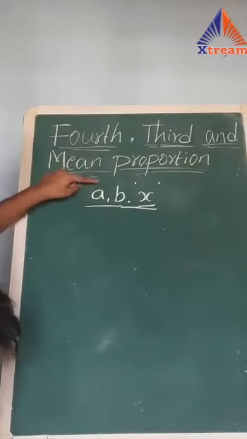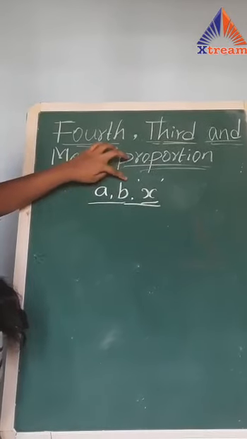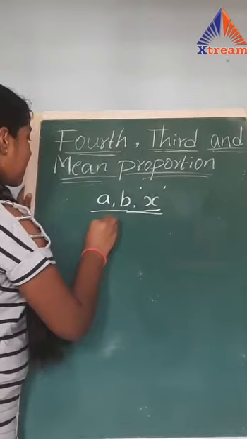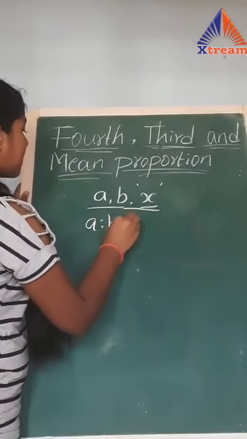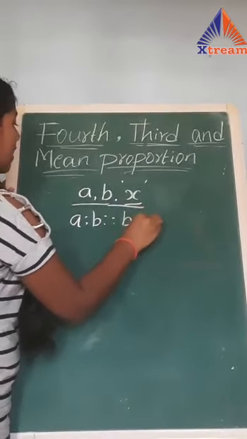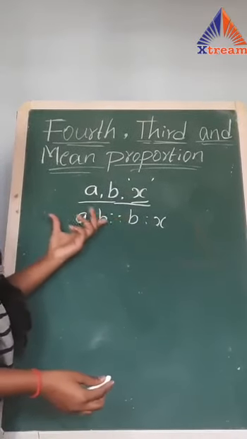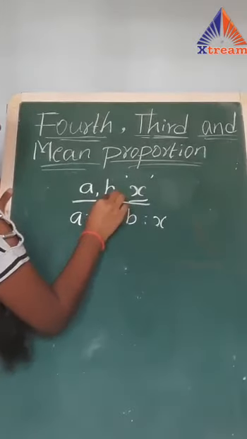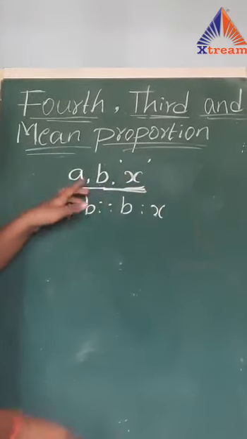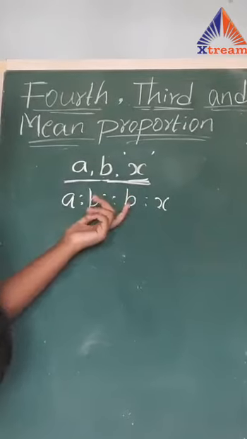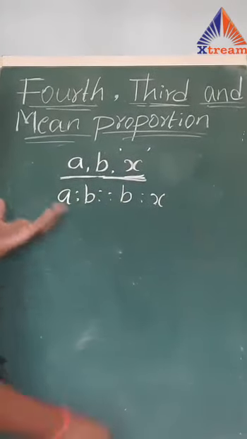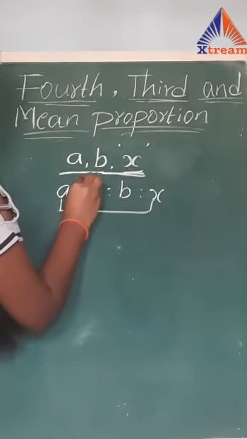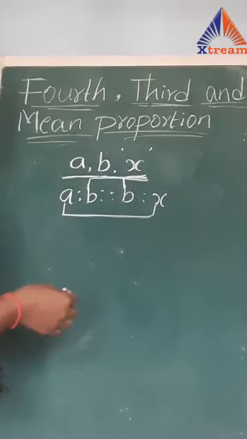So we can write it as A is to B as B is to x. Here the middle term is written twice. The remaining steps are the same, that is, the product of extremes is equal to the product of means.